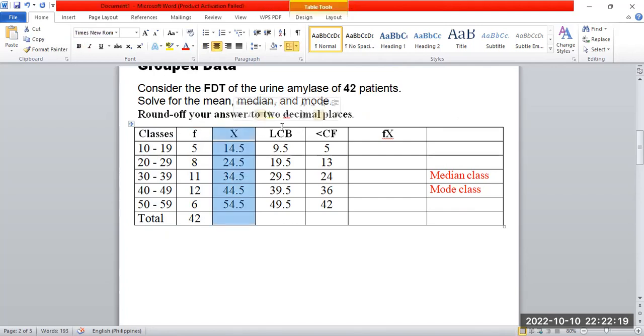And for the LCB is the lower class boundary. And for this one, this is the less than cumulative frequency. So before you start solving the different measures of central tendency, the mean, median, and mode, make sure to fill up, if not given, the parts of the FDT that are needed for the computation.